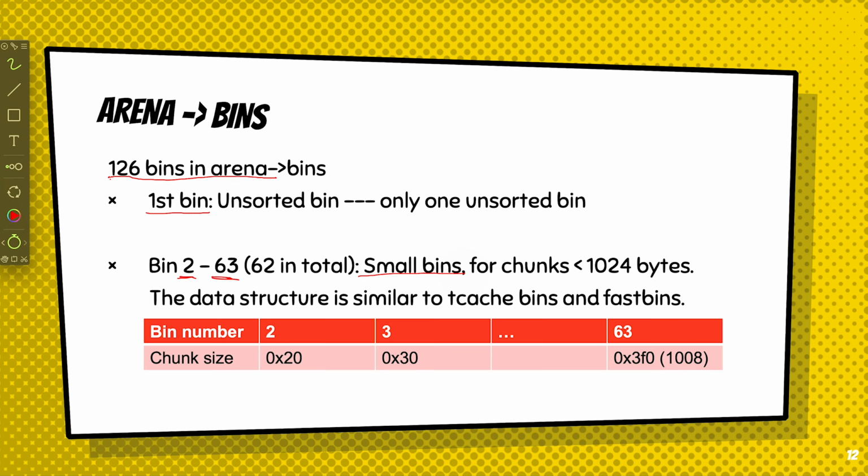Therefore, when glibc designs the data structure, it wants a hierarchical layout for those bins such that chunks, when freed, can be recycled as soon as possible. Recycling chunks from tcache or fast bins is faster than recycling from small bins.